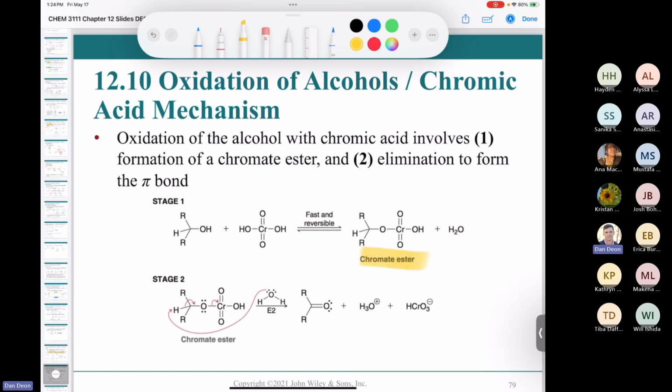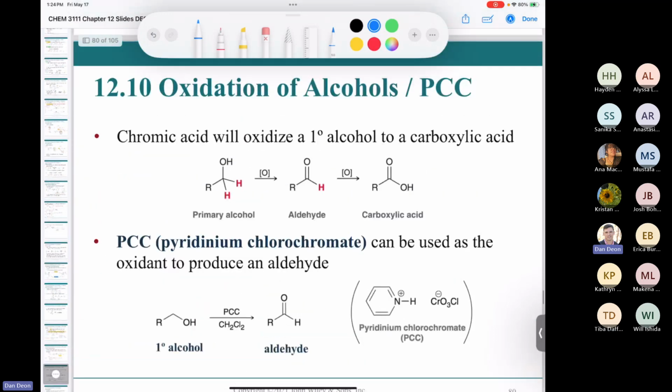Then you see a series of curved arrows, you do a proton transfer, and then you form the double bond to form the carbonyl. Again, I will not ask this mechanism. You need to know the reaction, but you don't have to be able to draw this mechanism of the oxidation with chromic acid.